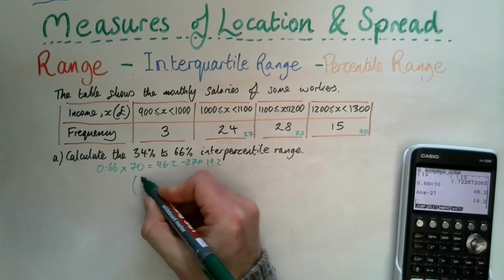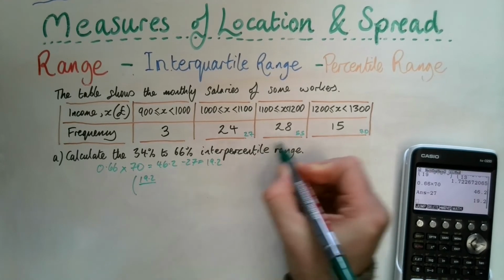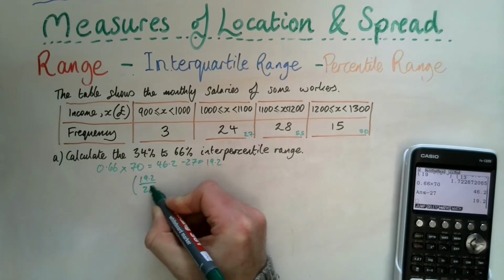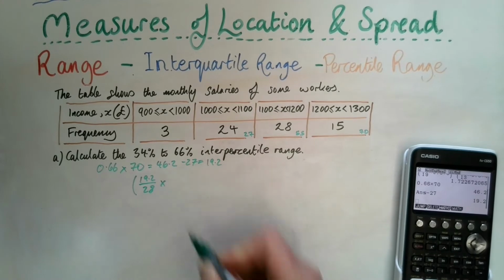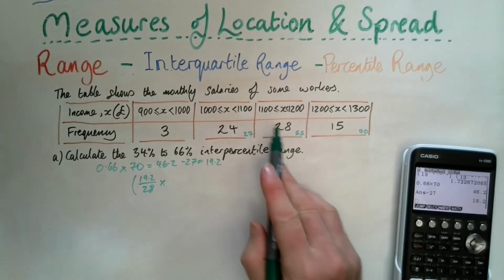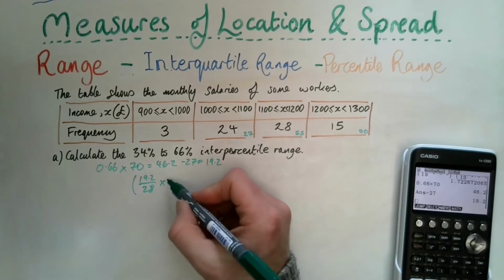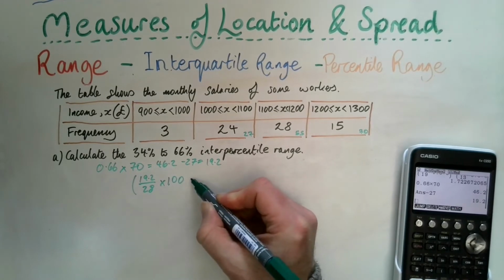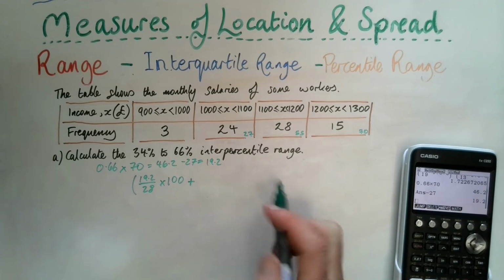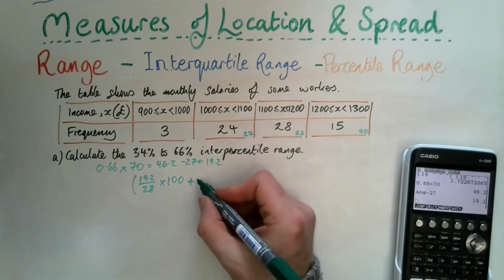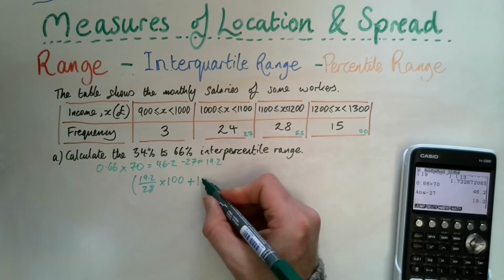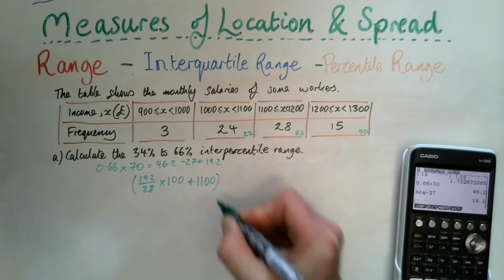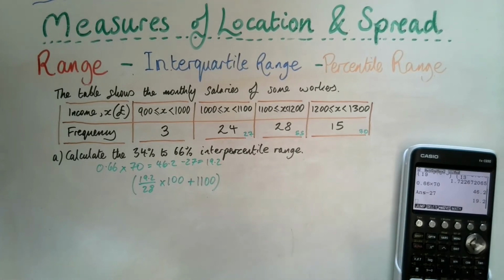So I'm going to say, right, I've got 19.2 out of the 28 that are there. I'm going to need to multiply that by the class width, because how spread out they are, which is £100 worth from 1100 to 1200. And then I'm going to need to have the starting point of that, which is 1100. I'm going to need to add that value to 1100. That will be my 66th percentile.